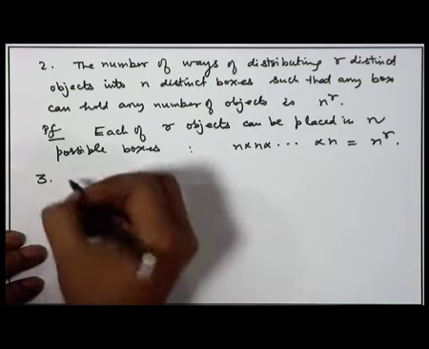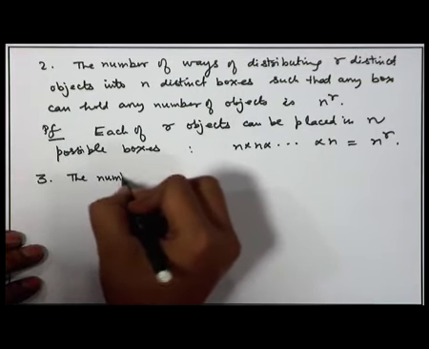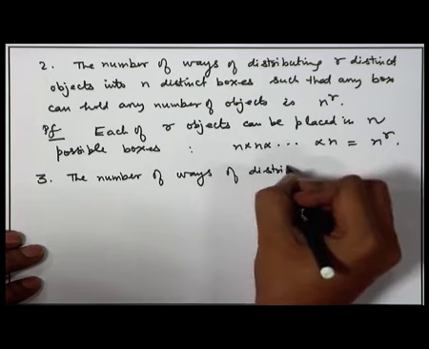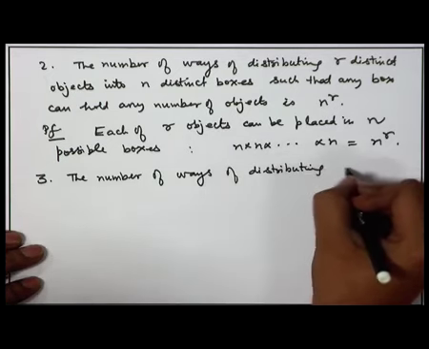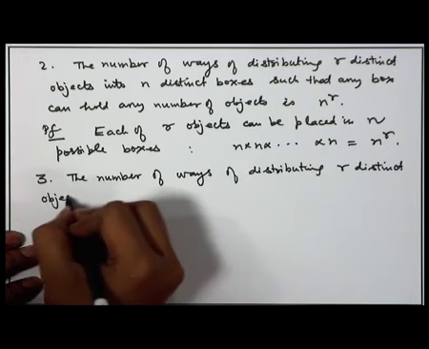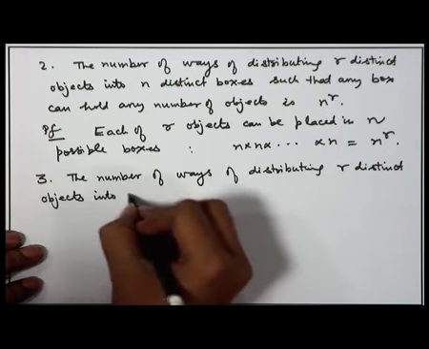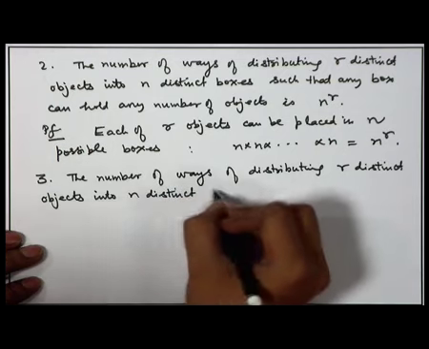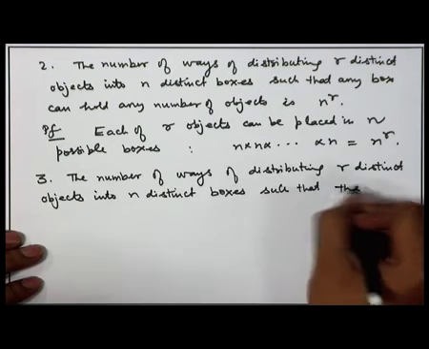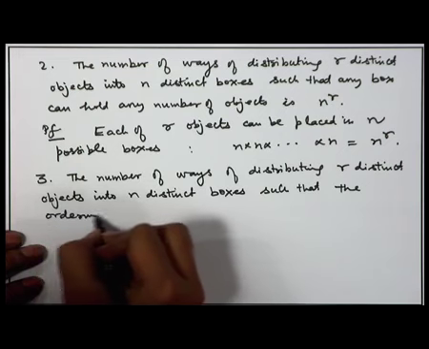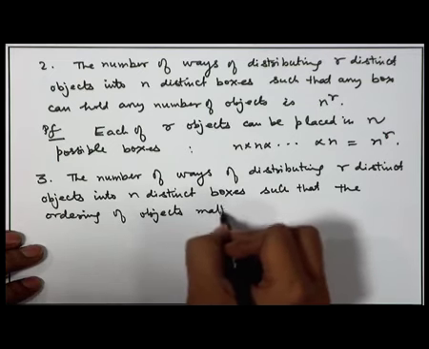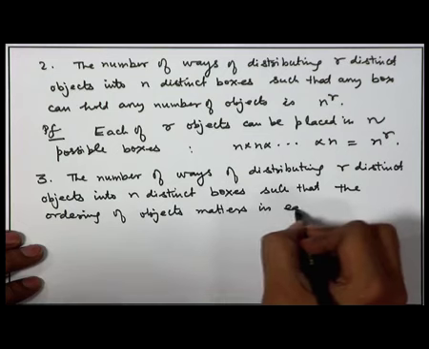Another way of counting is the number of ways of distributing r distinct objects into n distinct boxes such that the ordering of objects matters in each box.